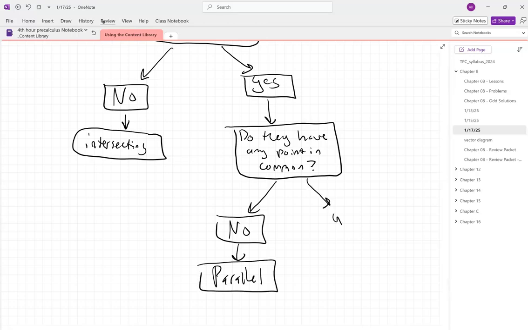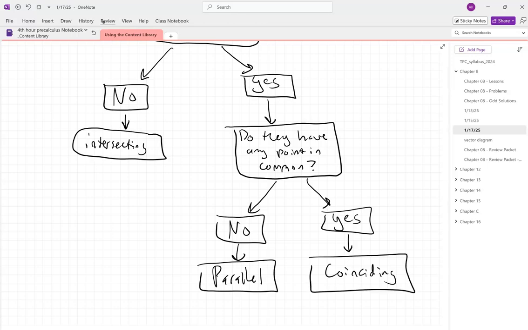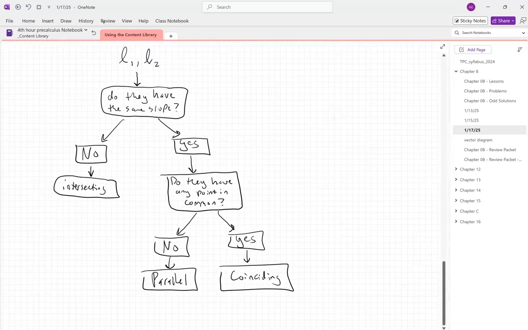If the answer is yes, we're also done. We know they're coinciding. Is everybody okay with this as just a flow chart of what we would do to sort these out?